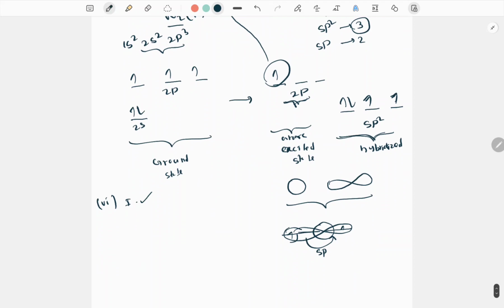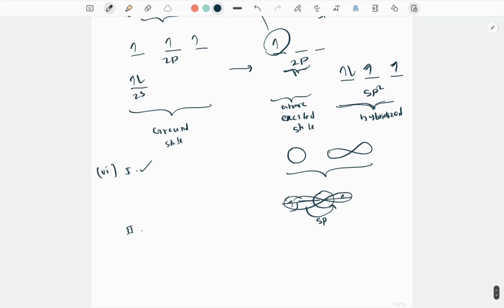Problem number 2 of part 6: give an example of a molecule or ion that has a similar orientation of double bonds. What's the double bond here? Surrounding the carbon, there are 2 double bonds like this. NO2 plus can be taken. Here, N4 and N2, C3.